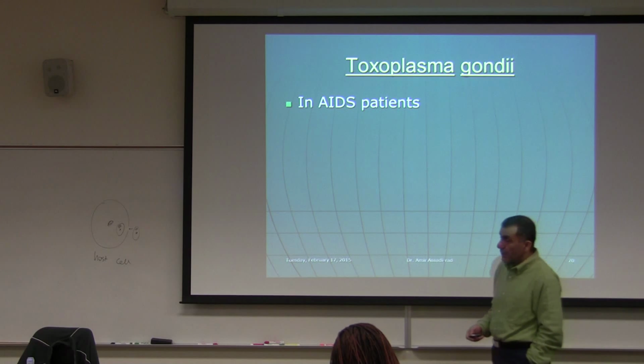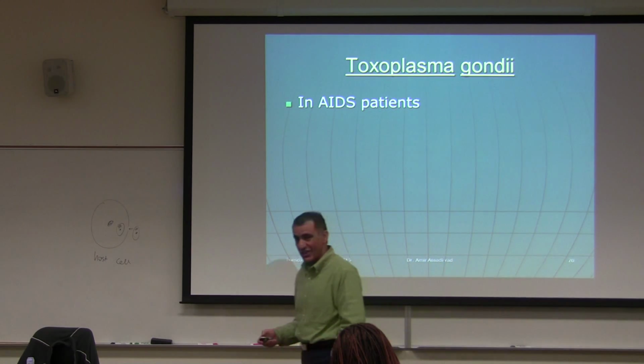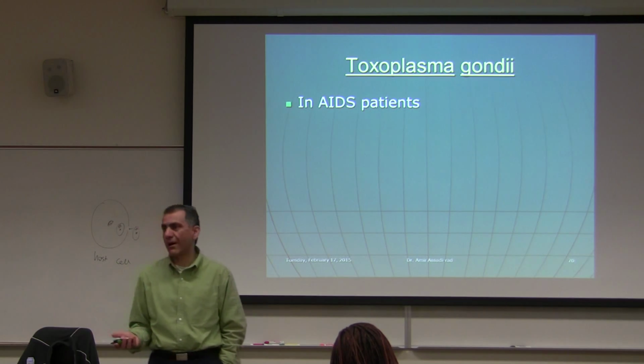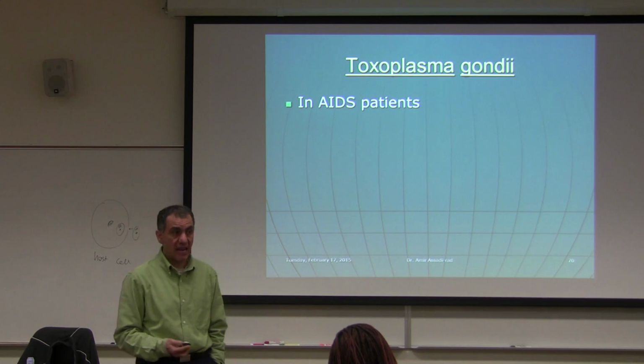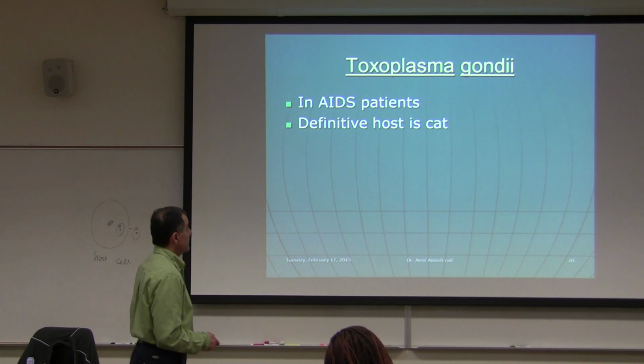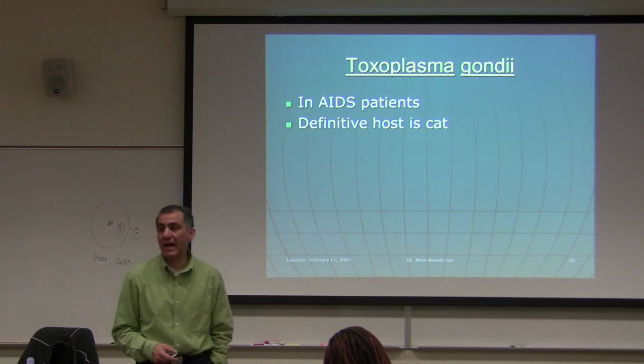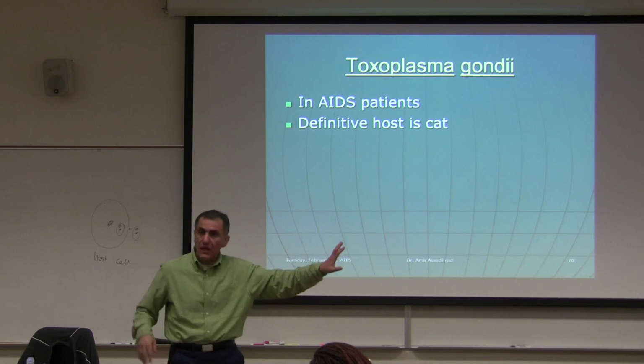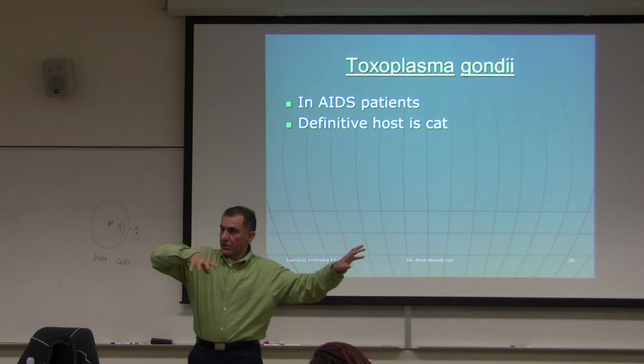Toxoplasma gondii, I will talk about it next time. Give me a rain check on that one. In AIDS patients it can be devastating, while you and I might have it and have no problem. Definitive host, another name for final host, is where sexual reproduction occurs. The intermediate host is where asexual reproduction occurs.